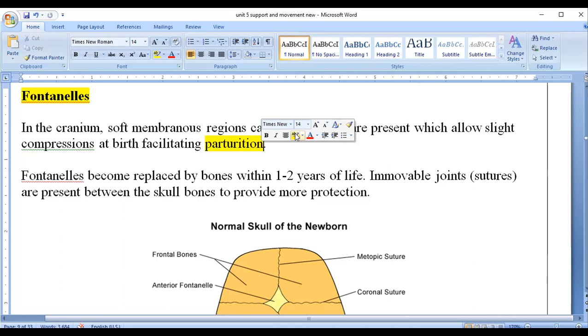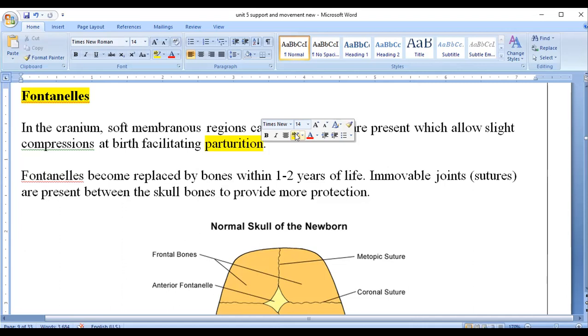So these fontanelles help the cranium to get compressed a little and easily pass through the vagina. If it is a caesarean birth, these issues are not there. After birth, in 1 or 2 years, little by little, that place will become a harder bone. Then there will not be any fontanelle.